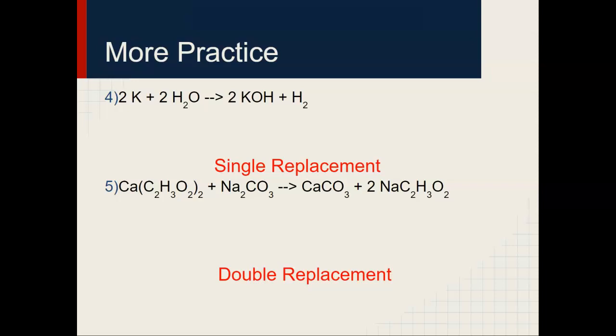Single replacements, you start with an element and a compound, you end with an element and a compound. Like replaces like, so metal replaces metal, non-metal replaces non-metal. Remember, for the single replacements, you have to use the activity series. And then, of course, today, this double replacement, they're replacing each other. They're switching partners. You'll have compounds on the left and compounds on the right.